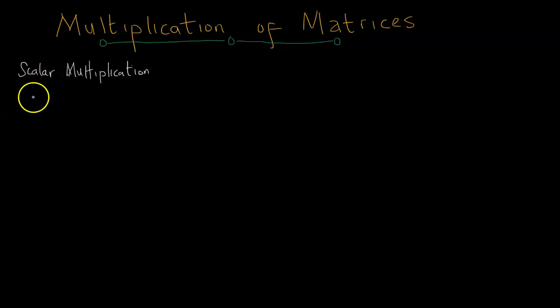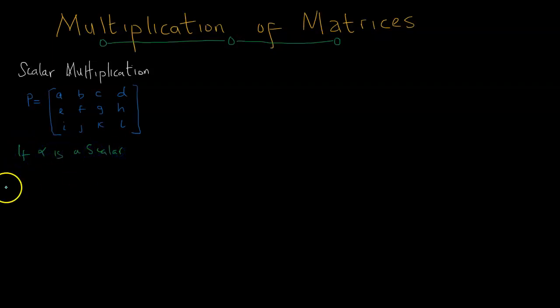Let's consider this 3 by 4 matrix. It has 3 rows and 4 columns. If alpha is a scalar, then alpha P, the product of alpha and P, is going to be equal to alpha then multiplying.